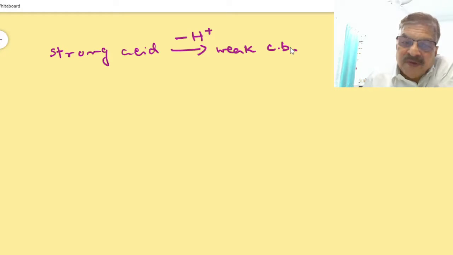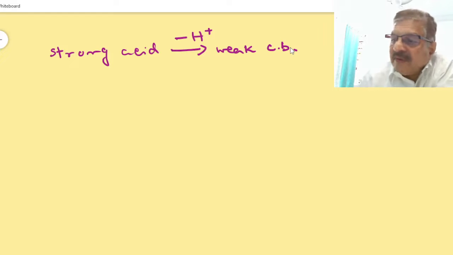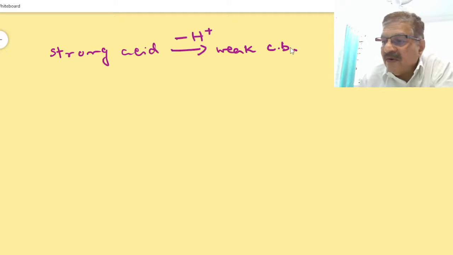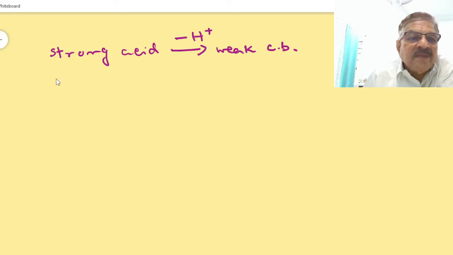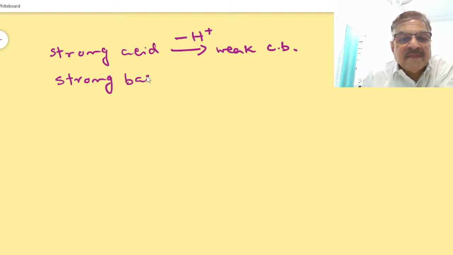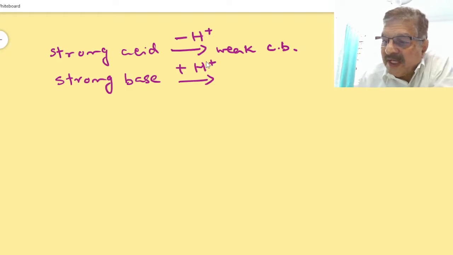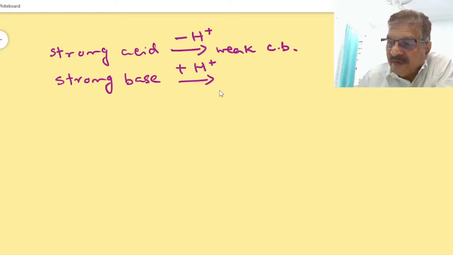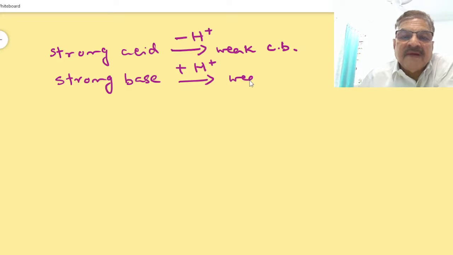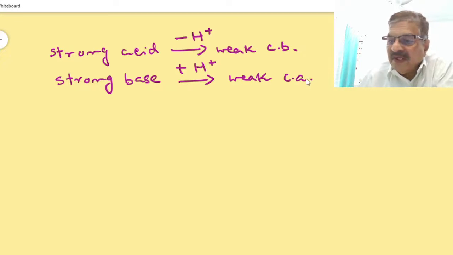A strong base readily accepts a proton, forming a weak conjugate acid. That is the characteristic. A strong base readily accepts the proton and forms a weak conjugate acid here.